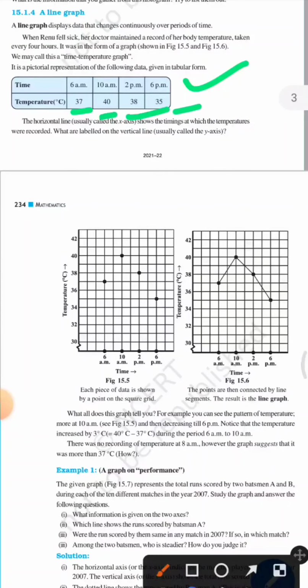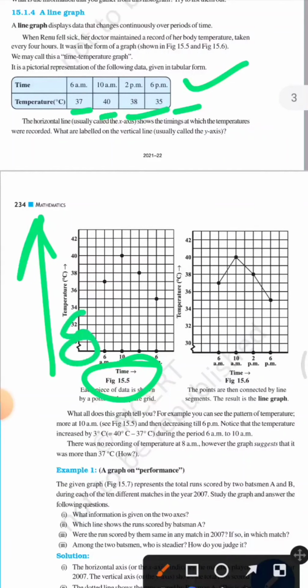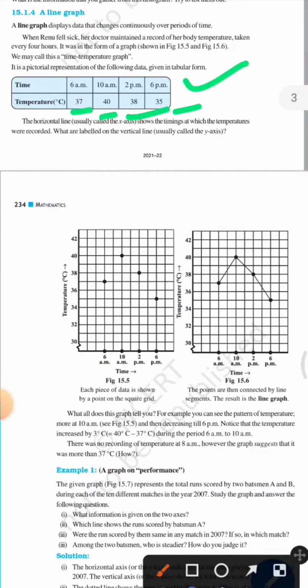The time direction is the x direction and the temperature direction is the y direction. You can see it starts with 30, 32, 34 and so on, which are equidistant. And here time is 6 am, 10 am, 2 pm and 6 pm.